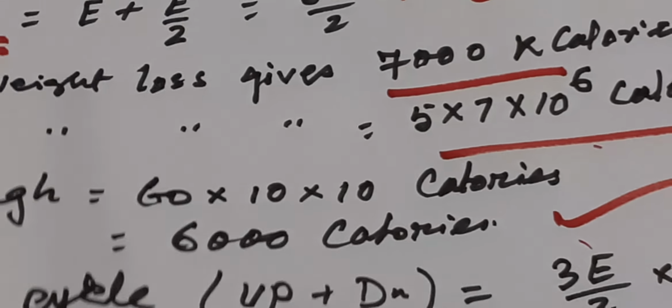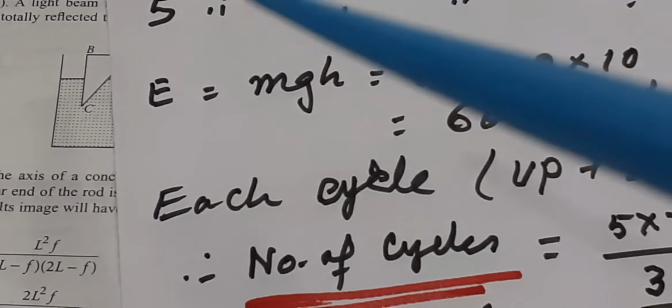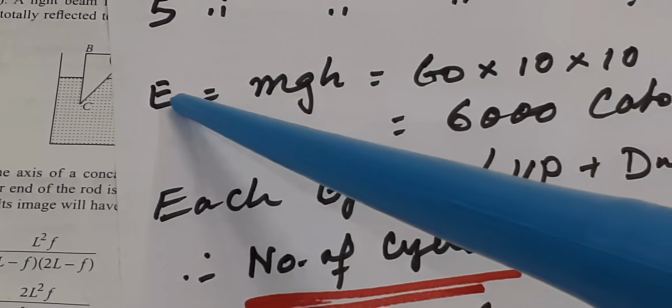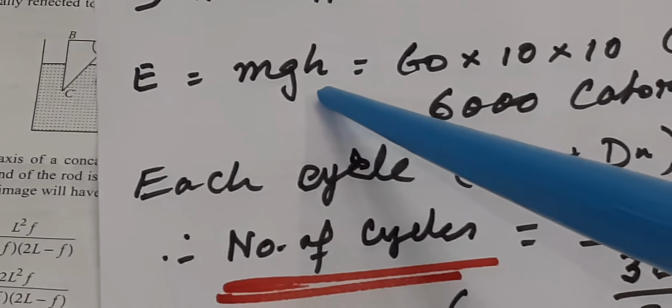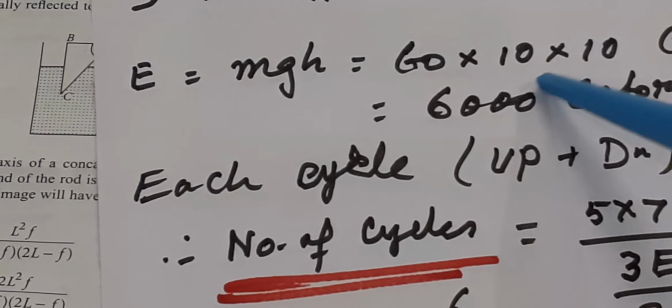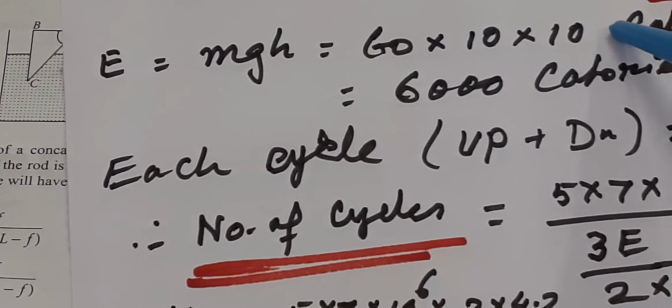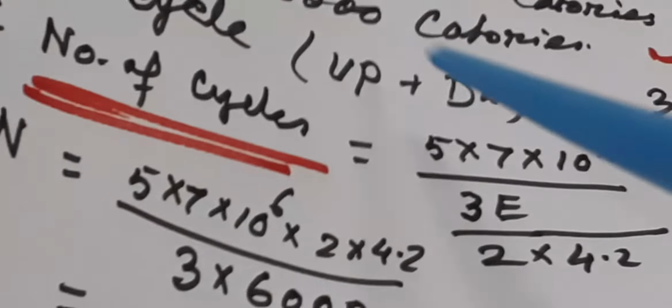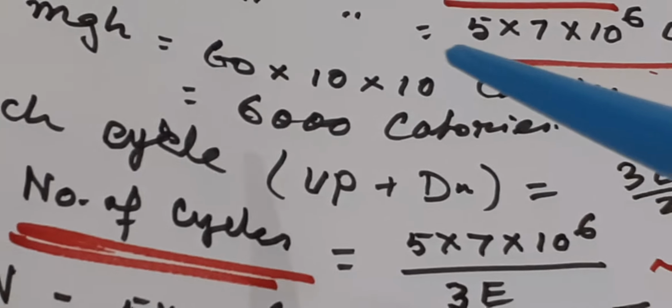What to do? For a single trip, the energy when he goes up is mgh, that is 60 kg mass, g is 10 and height is 10 meters. So 6,000 joules will be lost when he goes up, only one way.